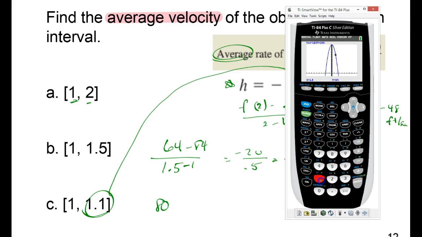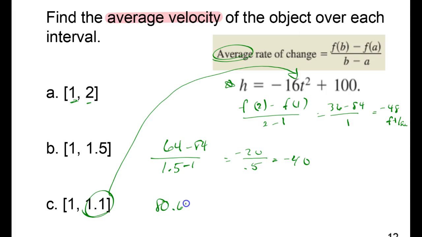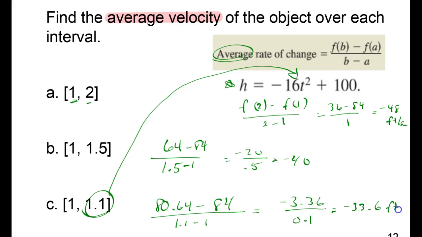So if I want to evaluate it at 1.1, you can see I'm at 80.64 minus 84 all over 1.1 minus 1, which is negative 3.36 over 0.1, which is negative 33.6 feet per second. So I'm getting closer and closer.